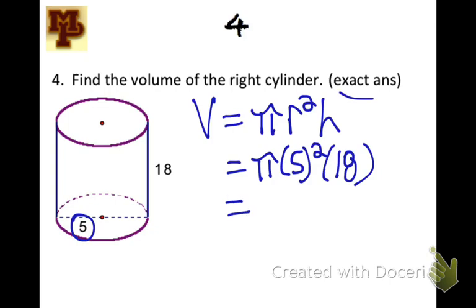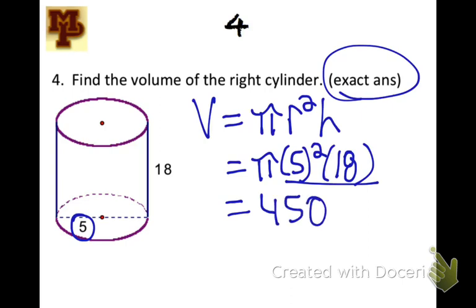This one says give an exact answer, which means that they need to keep the pi in the answer, because otherwise we would have to round off the pi at some point, because it's irrational, it never ends. So we want to multiply the numbers together. So when you do that, you get 450 times pi, and that's because it's volume, it would be units cubed. It doesn't give feet or anything, so we just say units cubed.